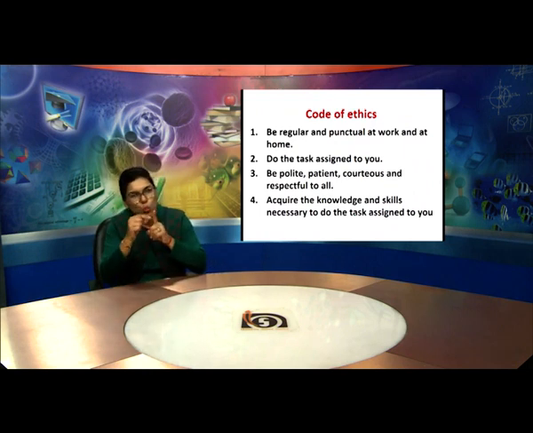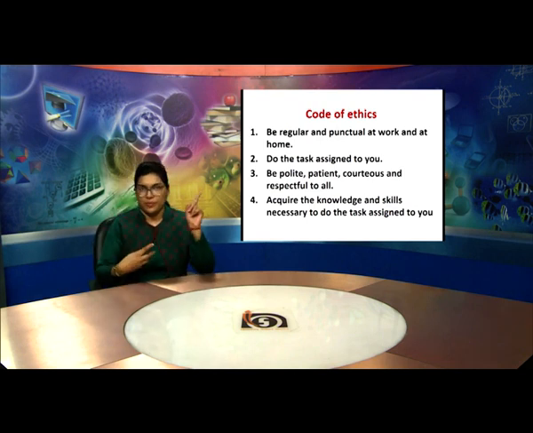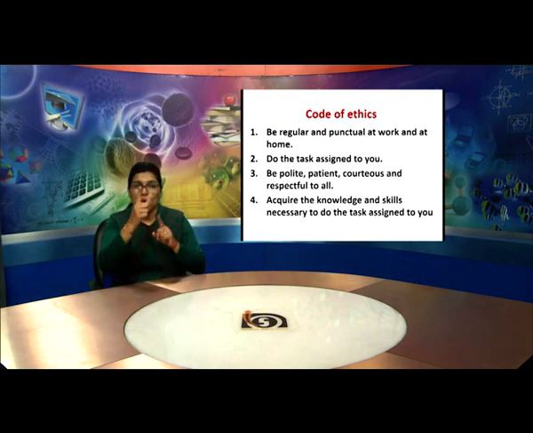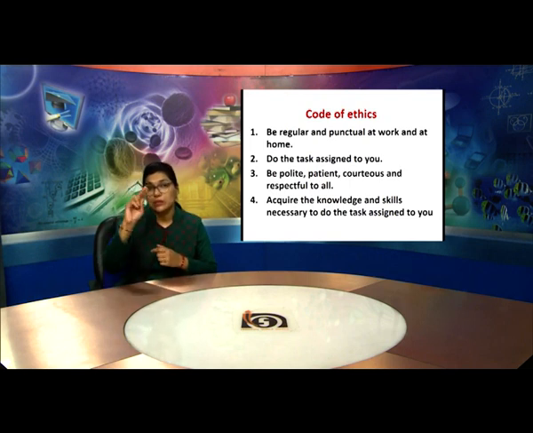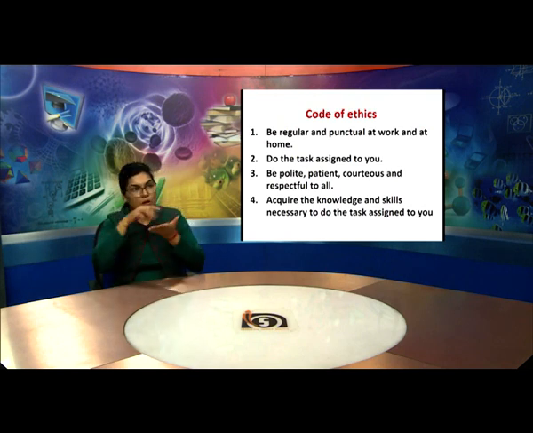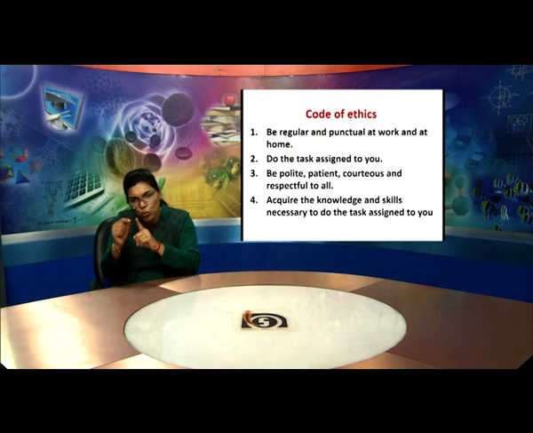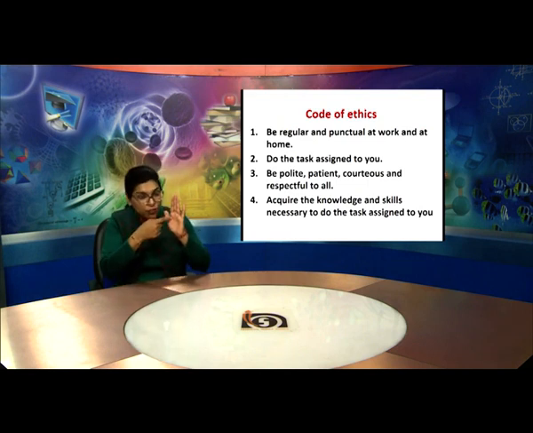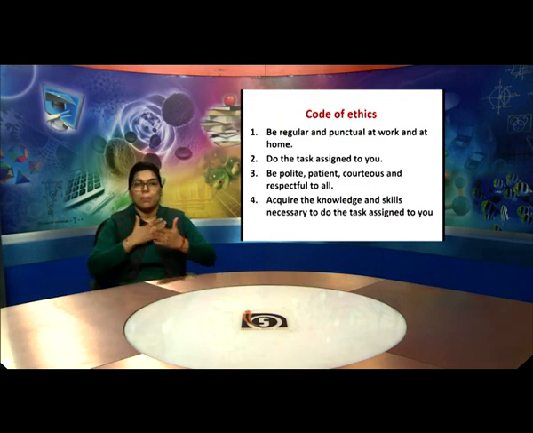And these are the code of ethics. By following all these, we can be successful in our life. The first is we have to be regular and punctual at work and at home. The second point is do the task assigned to you. The third point is we should be polite, patient, courteous, and respectful to all.